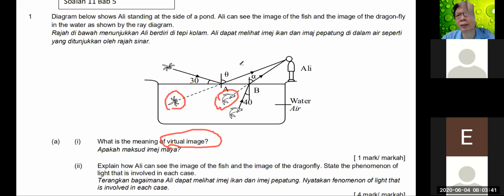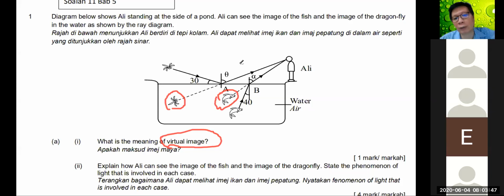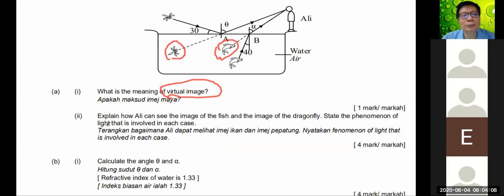For example, when you look at yourself in the mirror, the image inside the mirror cannot be projected on a piece of paper, so that one is virtual. A real one is like when you stand under the hot sun, then you can see your own image, isn't it? That image is projected on the ground. The ground is a piece of screen now. That is real, okay?